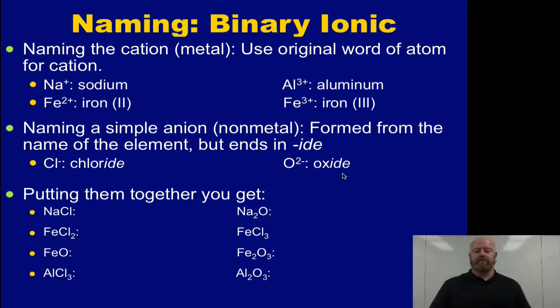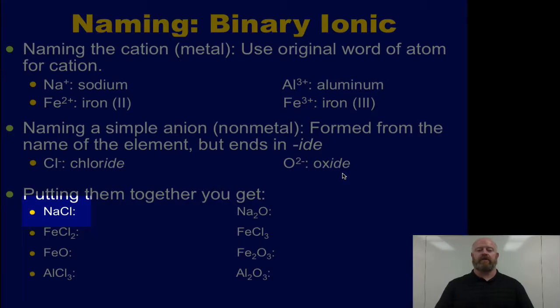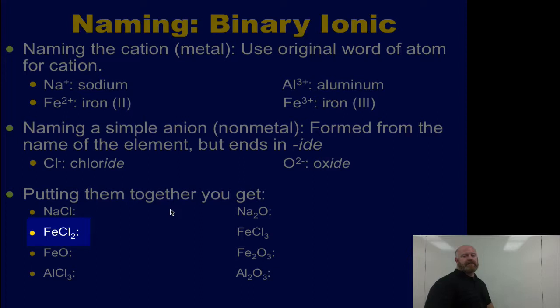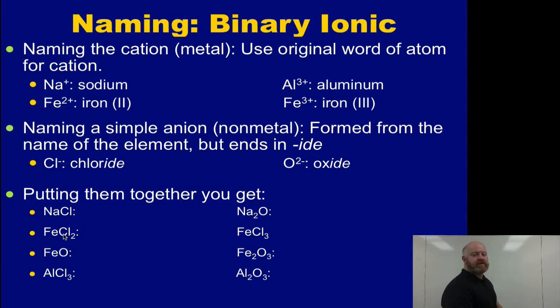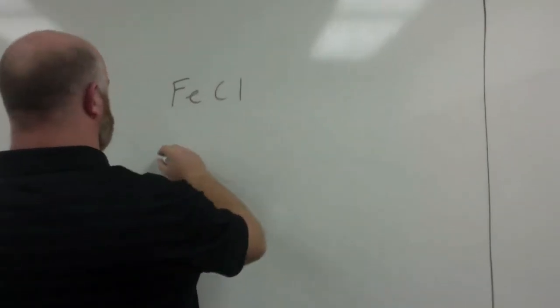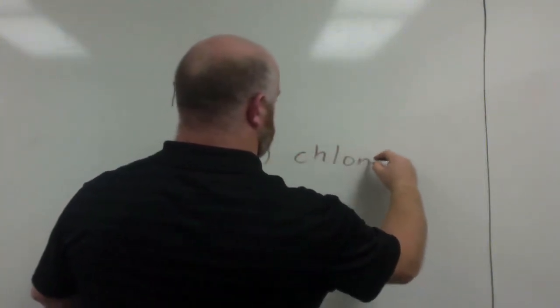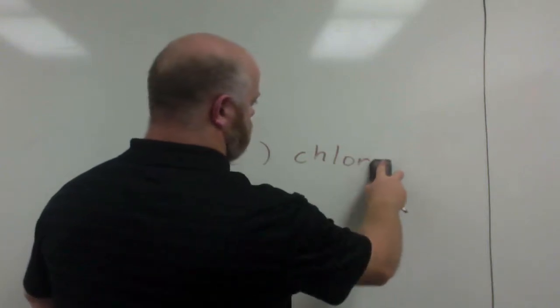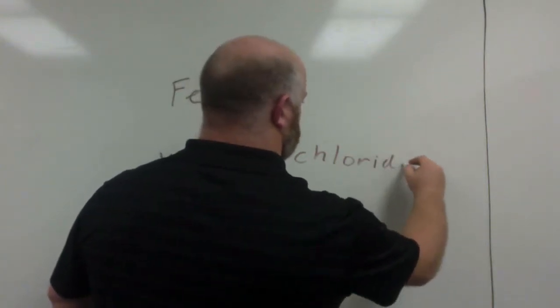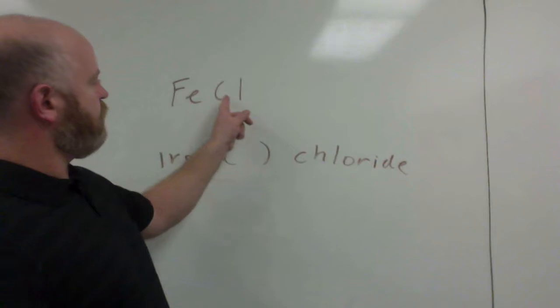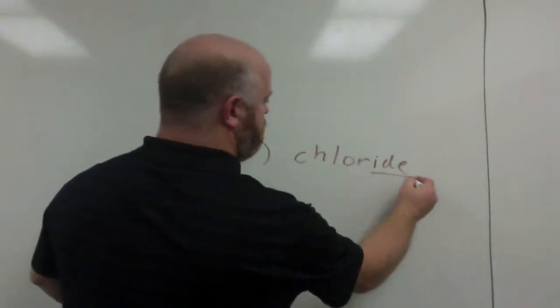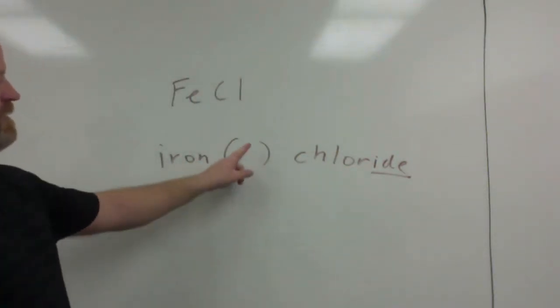Now, you put them together, and you get the name of the compound. So NaCl would be sodium chloride. FeCl2 would be iron chloride, but now we have to decide which iron we are working with. So we have iron with chlorine, so we drop off the chlorine, we change to chloride, and we need to decide what goes in here.